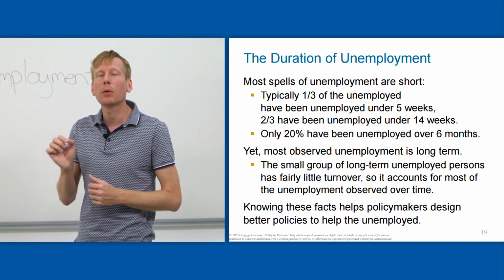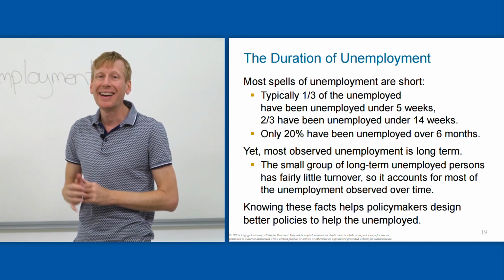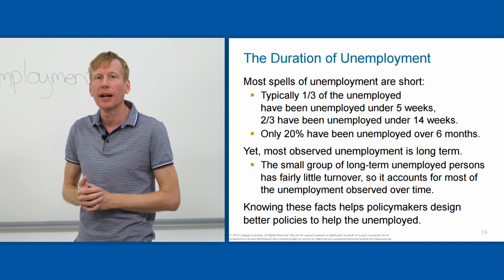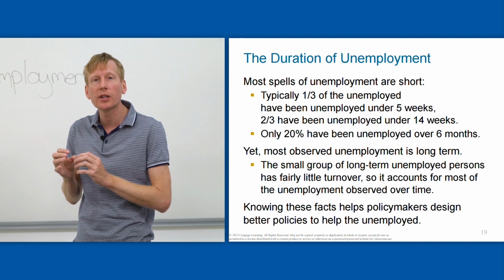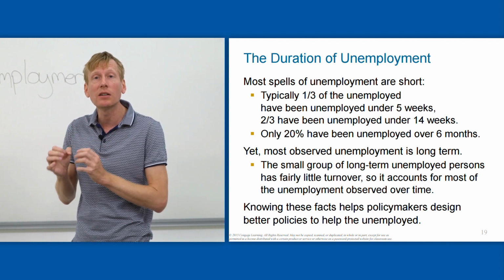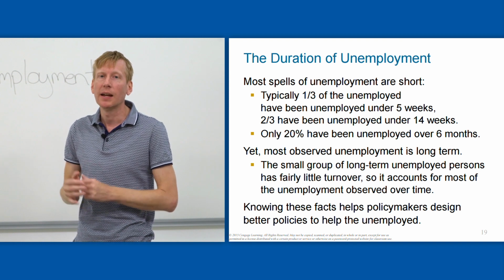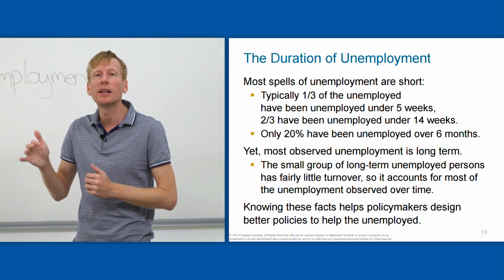But at any given point in time, most of the people who are unemployed have been unemployed for a long time. That is to say, those are a relatively small portion of all of the people who lose their jobs, but because they don't find jobs easily, they remain unemployed. And they continue to be part of that unemployment rate month after month and year after year.